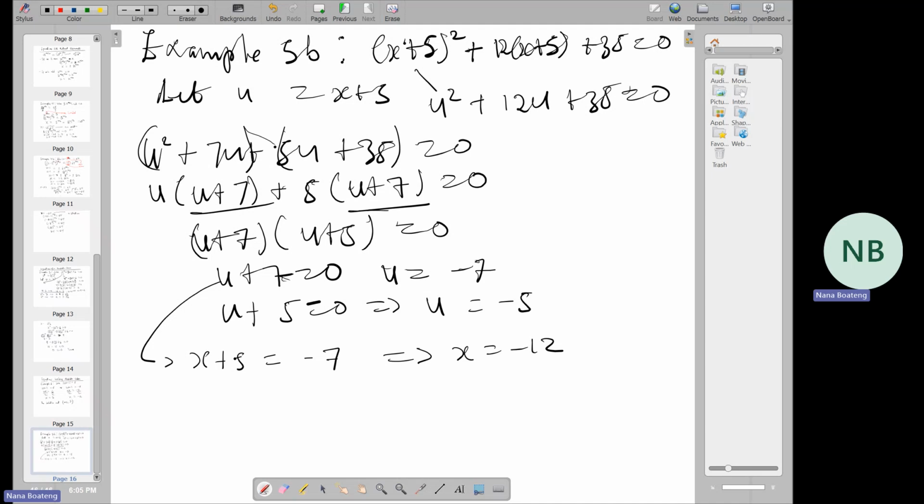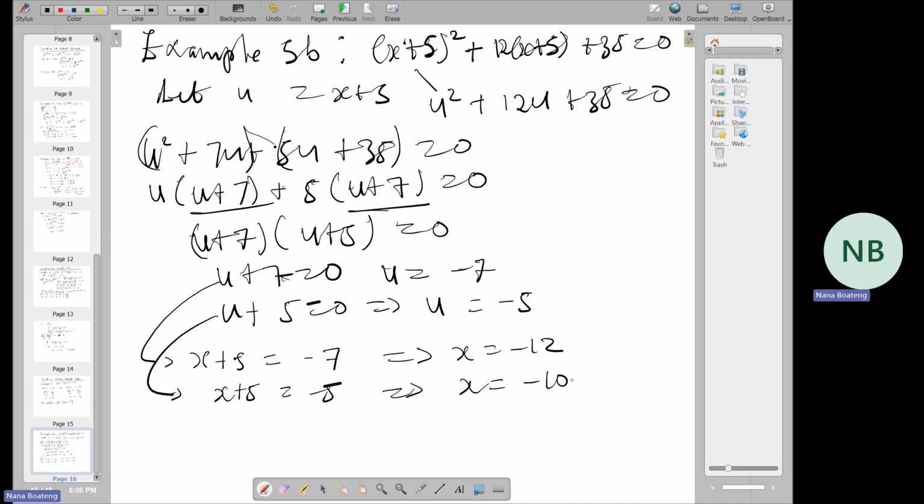And in the second one, u is equal to -5. We substitute back x plus 5 in place of u. So we have x plus 5 is equal to -5, which means if we subtract 5 from both sides, x is equal to -10.